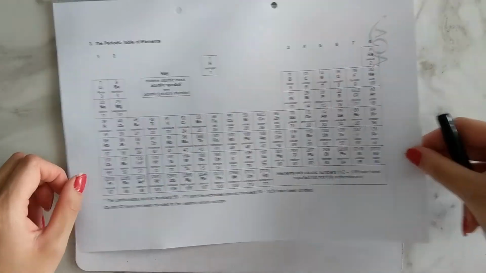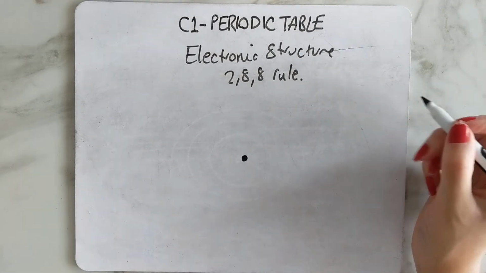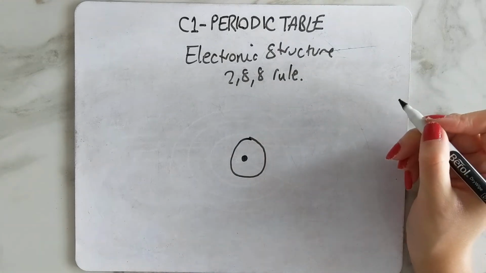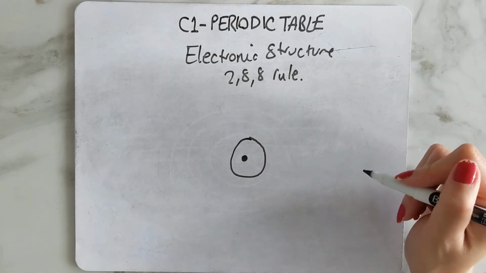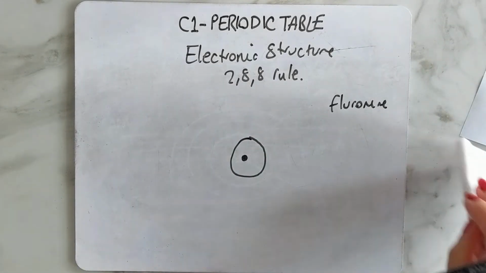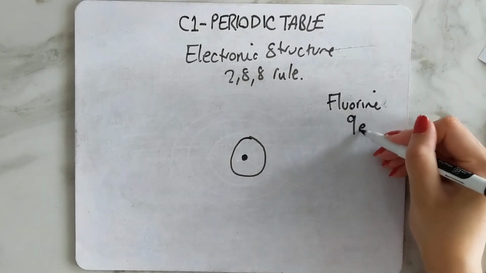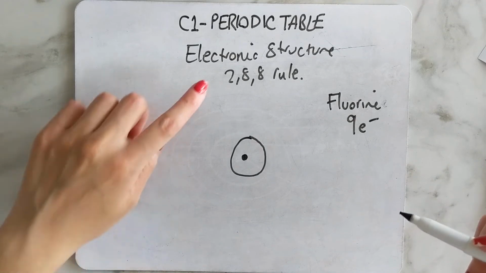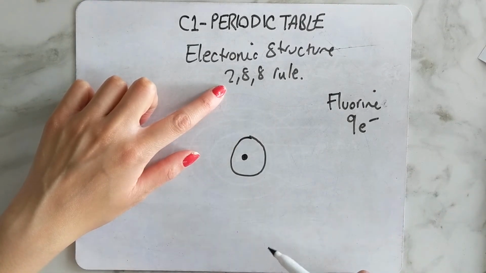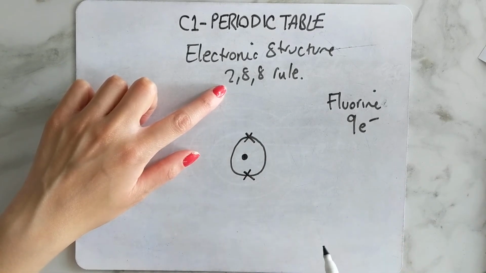So for the 2, 8, 8 rule, what you have to do is just put in a nucleus like that, and you're going to draw the shells where your electrons will fit in. So fluorine has 9 electrons. So according to the 2, 8, 8 rule, the first shell closest to the nucleus can only have a maximum of 2 electrons.